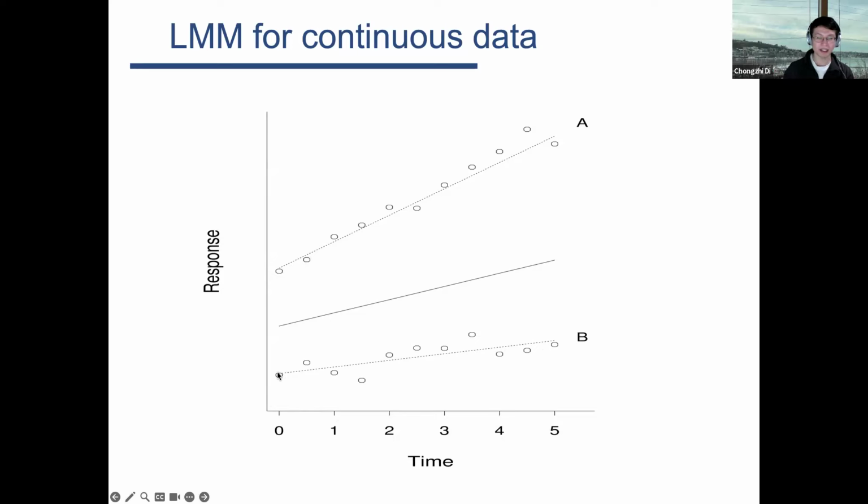For subject B, it's from here to here, and the slope is a little bit lower. In this model, we allow different individuals to have different curves. But if you take the average, it will be this curve here.